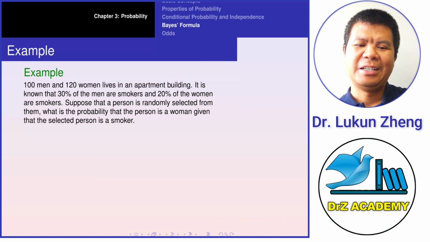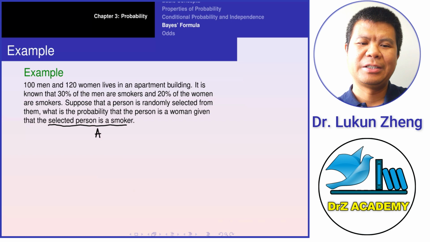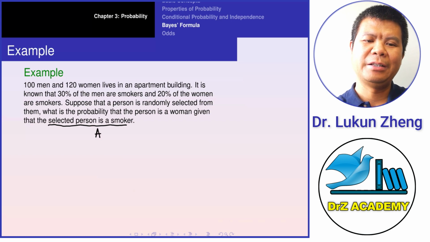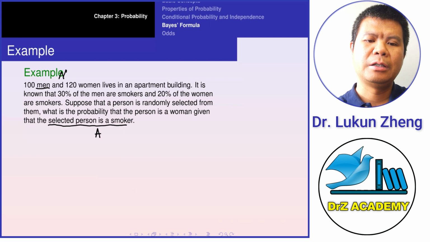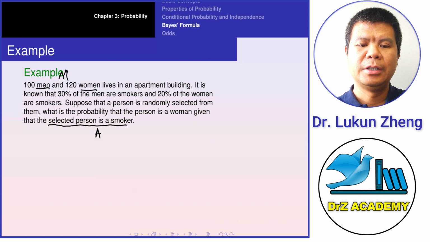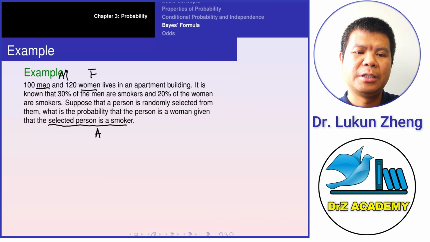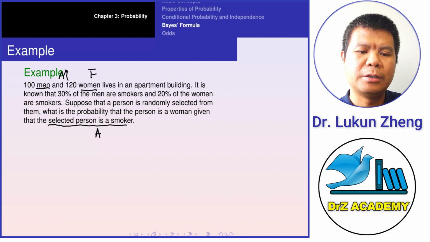Okay, so let's say smoker is A. Man is M, and women, that's female. Now we have the solution here.